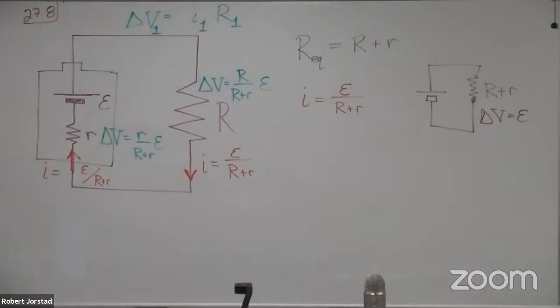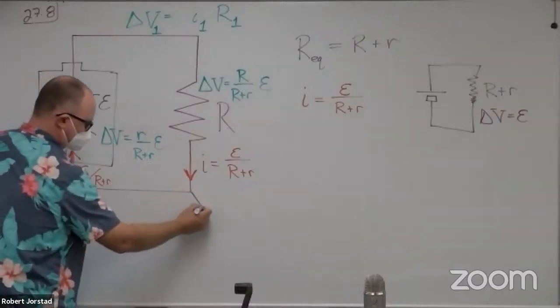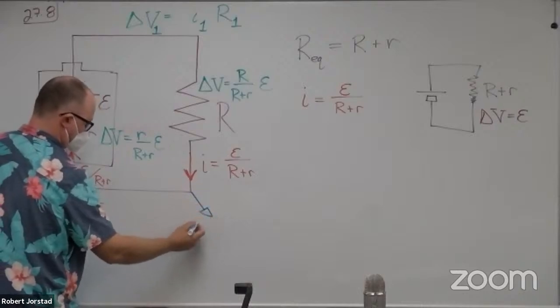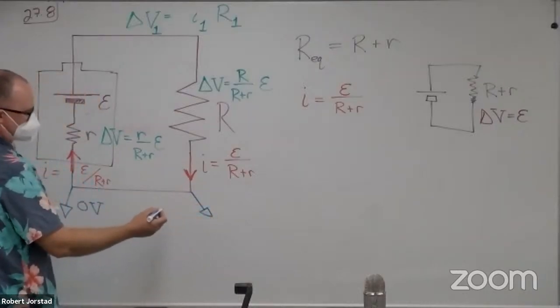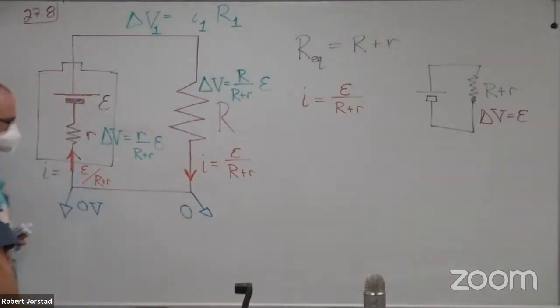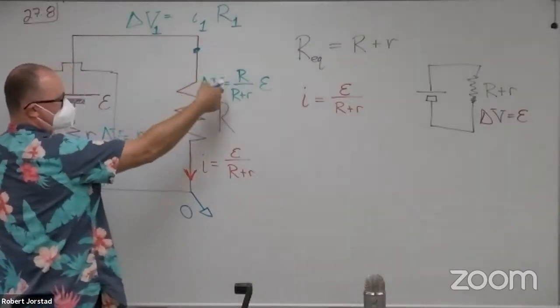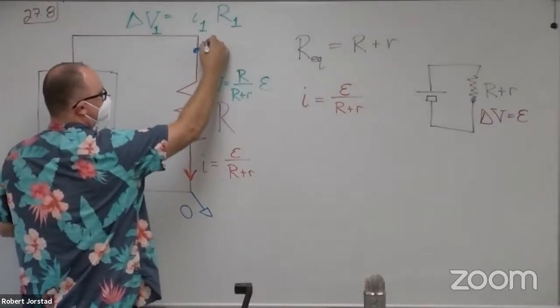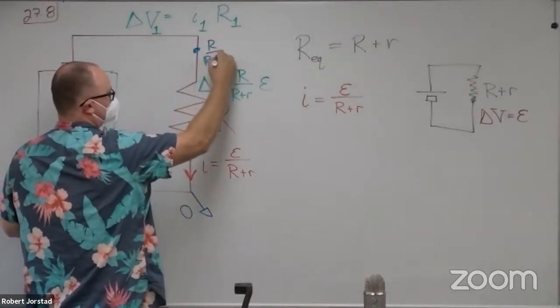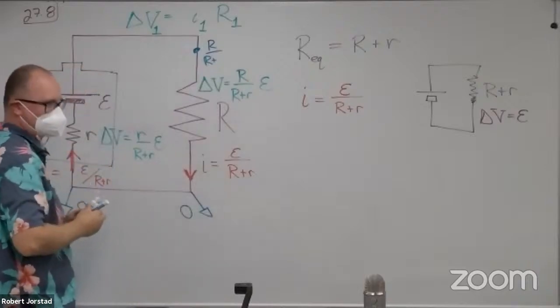The idea here is, let me put some numbers on here, right? This is ground, so this would be at 0 volts. If I go from here, well, let's start over here. Ooh, this is tricky. Let's say I go from here. This is 0, right? All the way up to here. This spot would be at R over R plus, oh my gosh, let's stick in some numbers, all right?